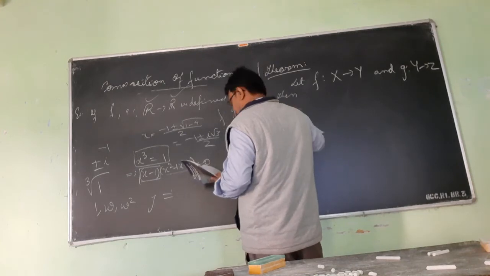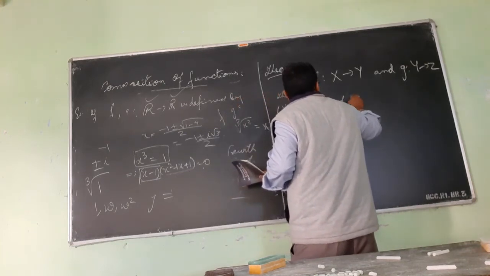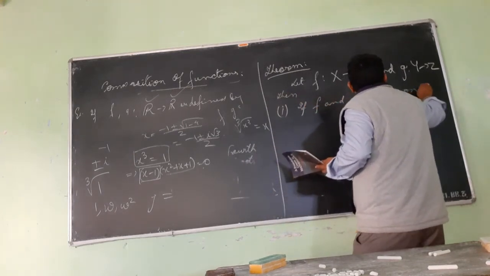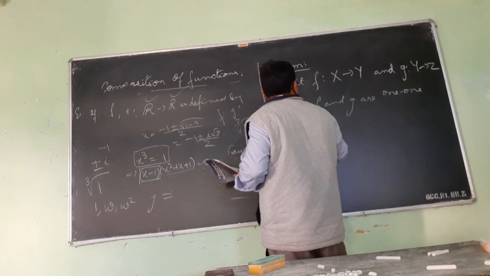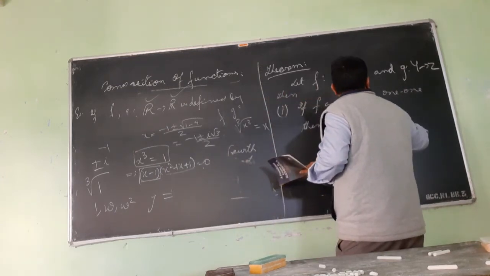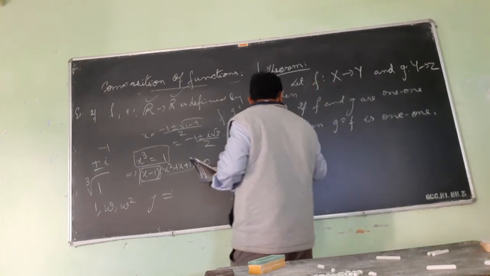Number one, if f and g are 1-1, then g o f is 1-1. If both the functions are 1-1, their composition is 1-1.